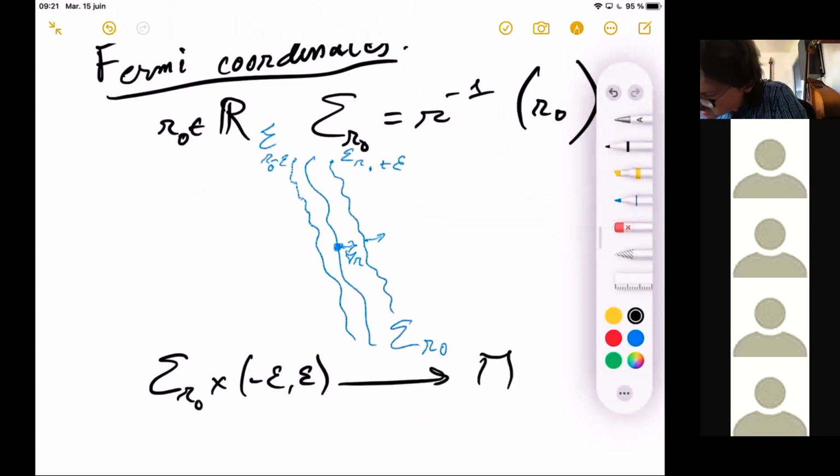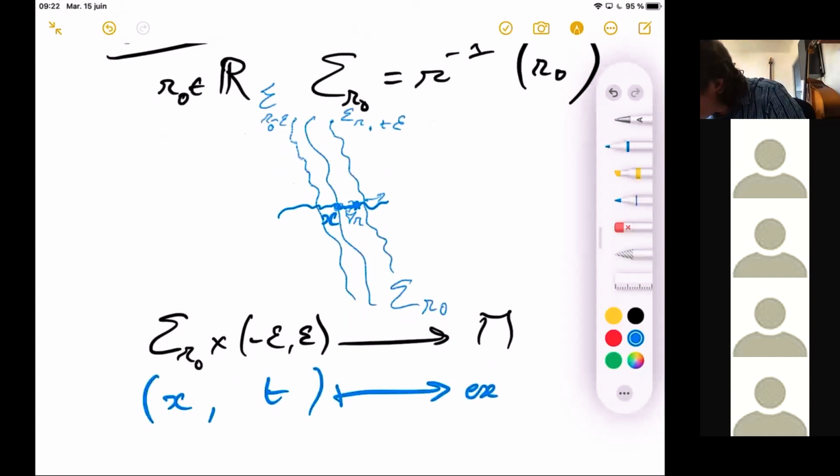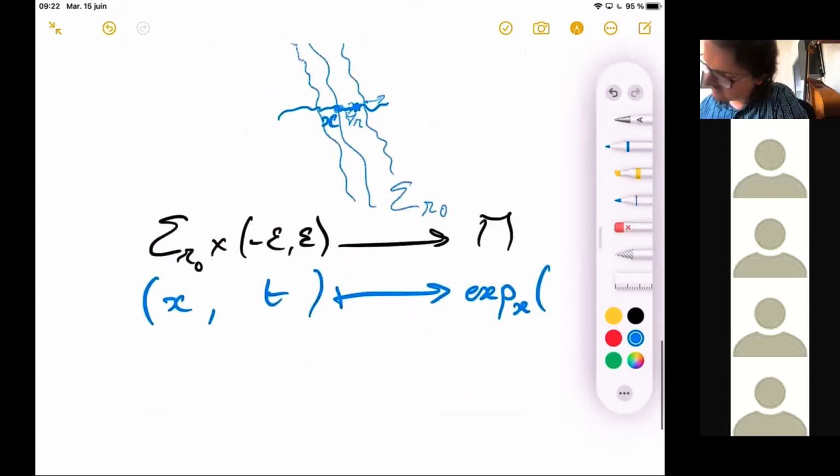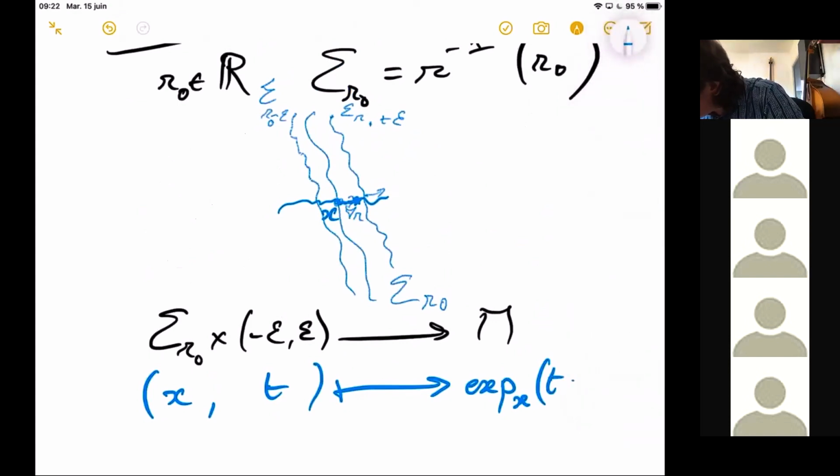You go to M: you follow the geodesic in the normal direction for time t. So (x,t) is mapped to the Riemannian exponential at x of t times the gradient of r at x.